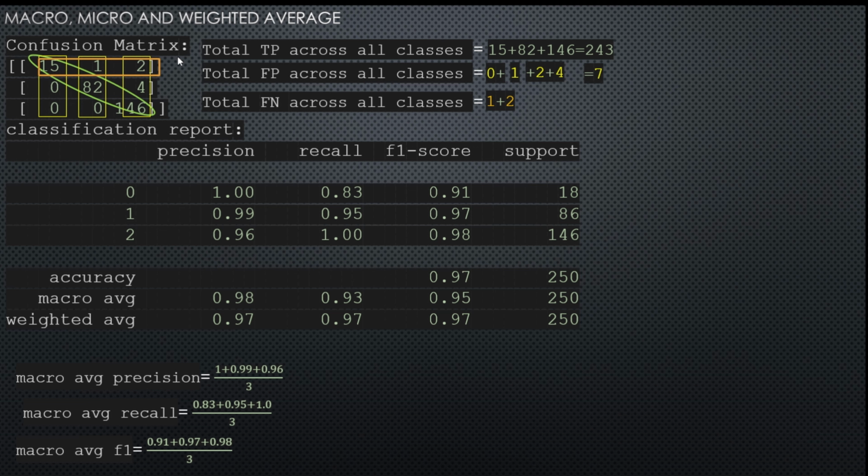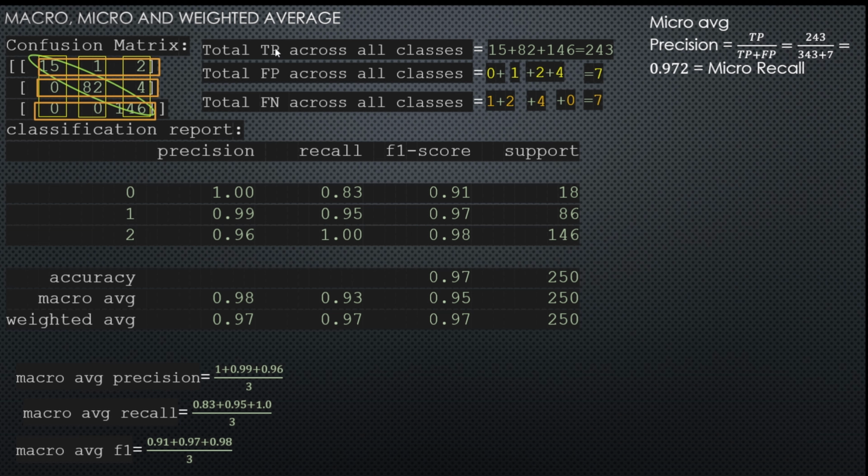Therefore this row represents the false negative, and we know for class 0 it is 1 plus 2 for the first one, the second one is only 4, and for the third class, for the 146, both are 0. So this is also 7 coincidentally.